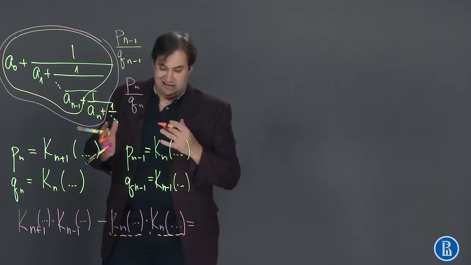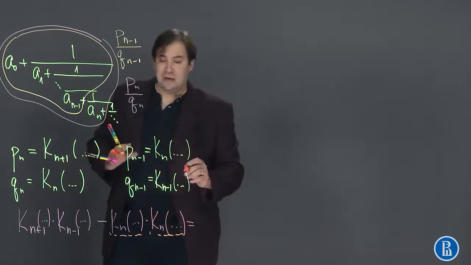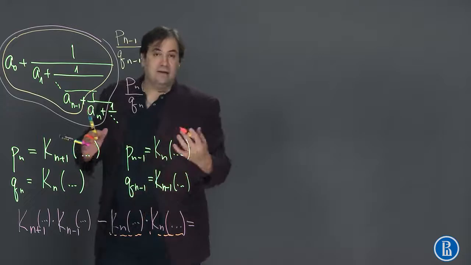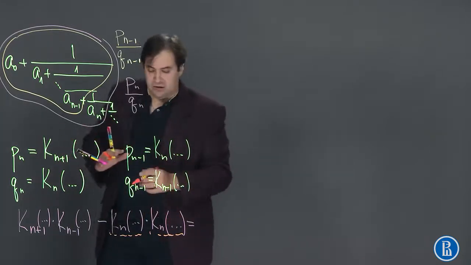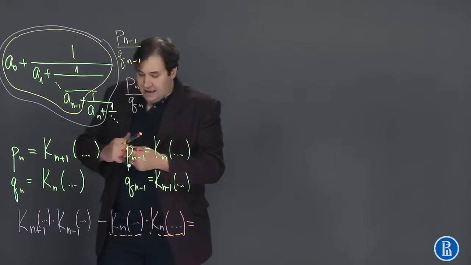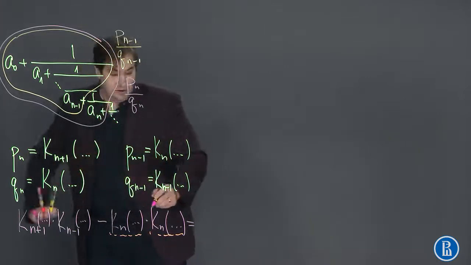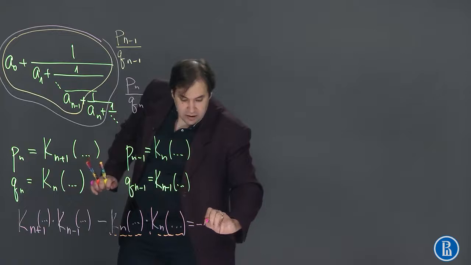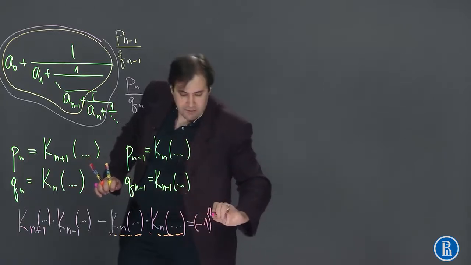It is the same type of continuant, but variables in here and in here are different. So we cannot write kn to the power 2. It's not a square. It's just the product of two continuants. And all this is equal to minus 1 to the power of n plus 1.